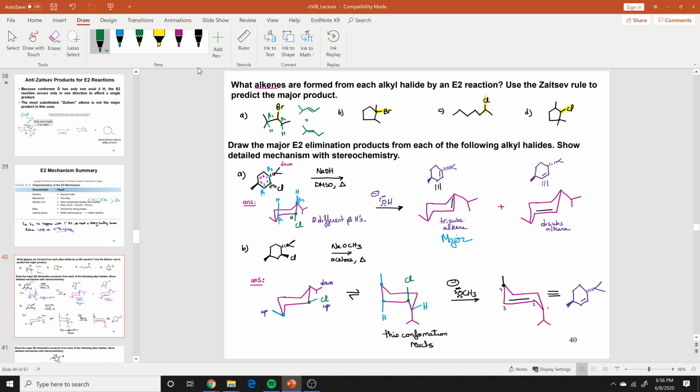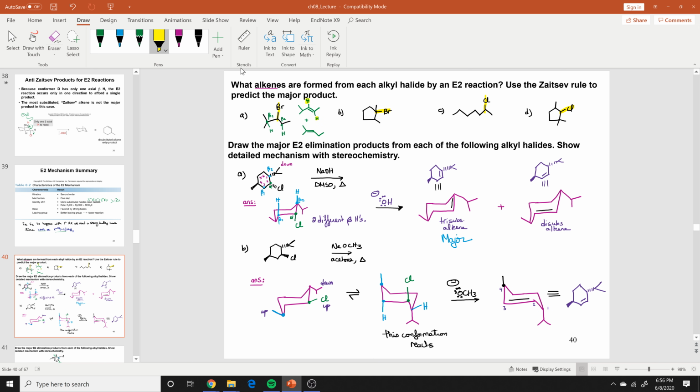Now, with this alkene product, I have a cis and a trans, because the groups X and Y over here are different. This is going to be a hydrogen here, and this is going to be a hydrogen there. Normally, I highlight my hydrogens.